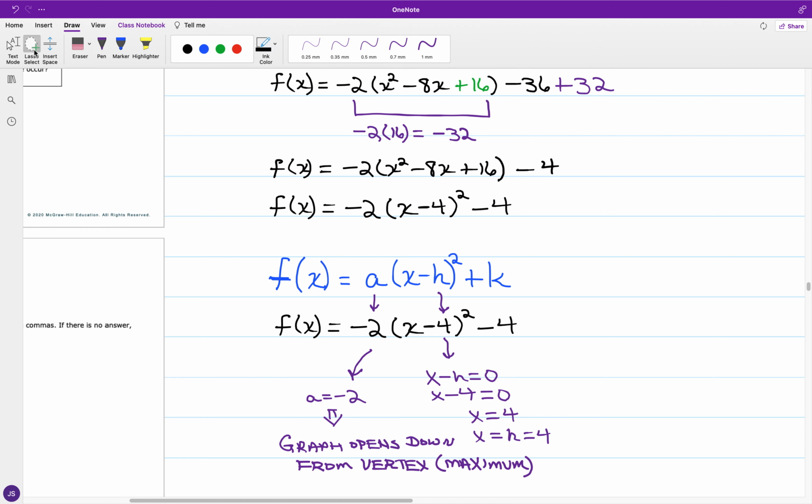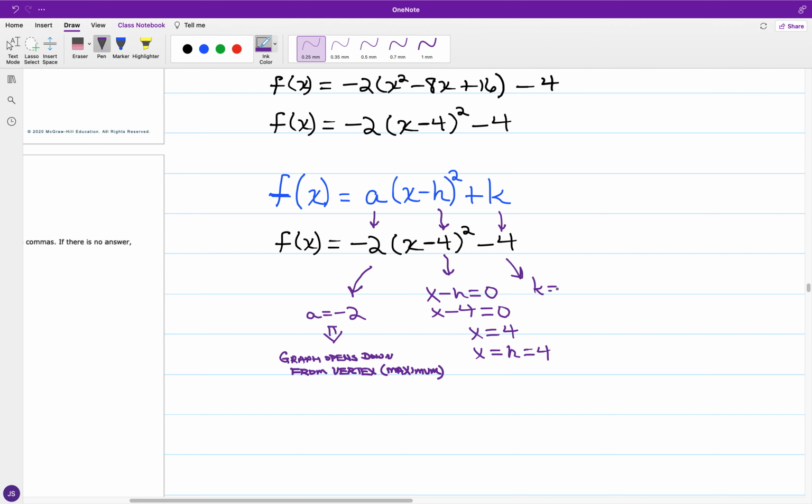And in the case of the k value, we have that k is equal to negative 4. And for the vertex, in the conventional xy coordinate system, x comes before y.